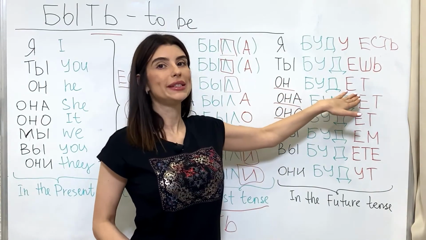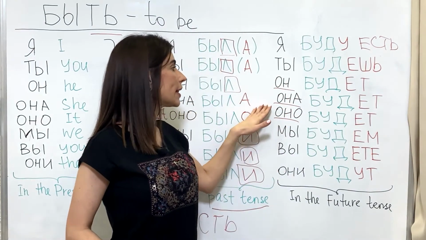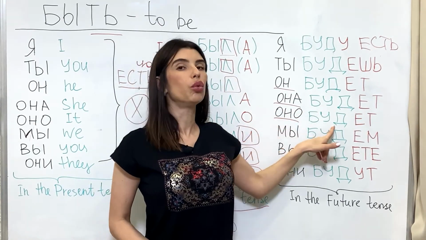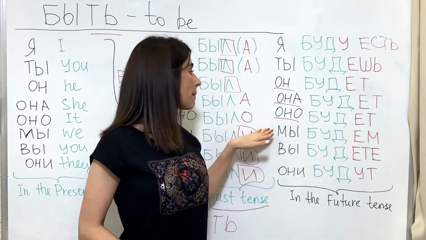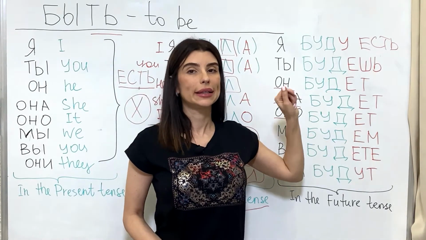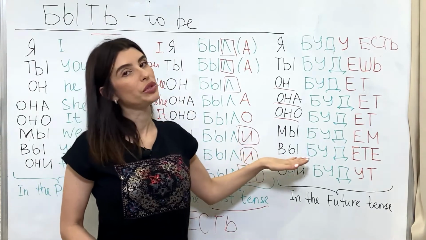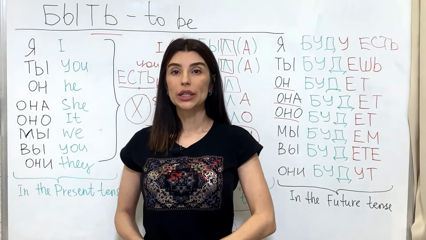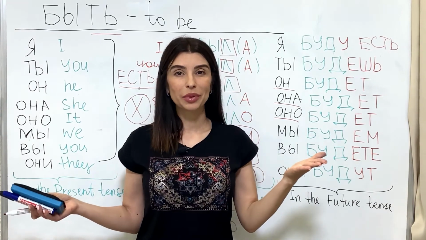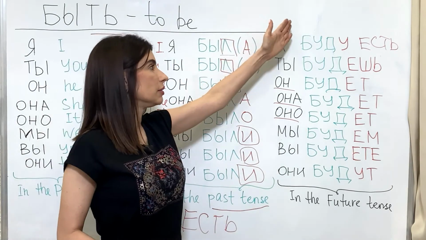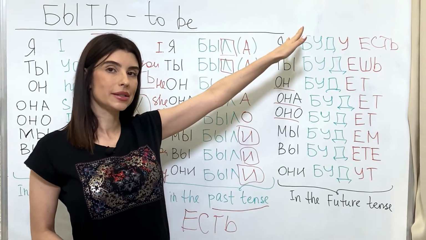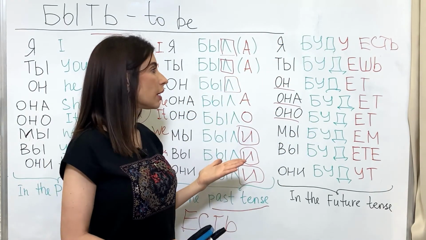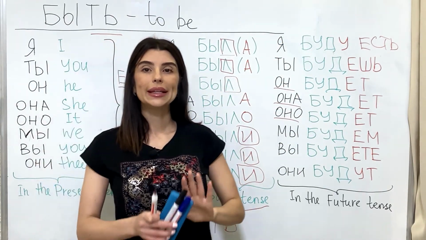Он будет есть. Она будет есть. Оно будет есть. Мы будем есть. Вы будете есть. Они будут есть. So simple. After the verb быть, to be, you will not change the verb. It will be in infinitive form.